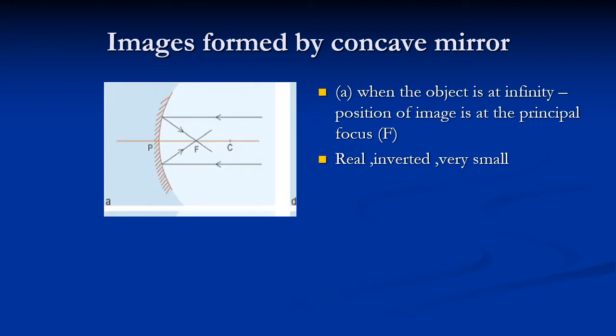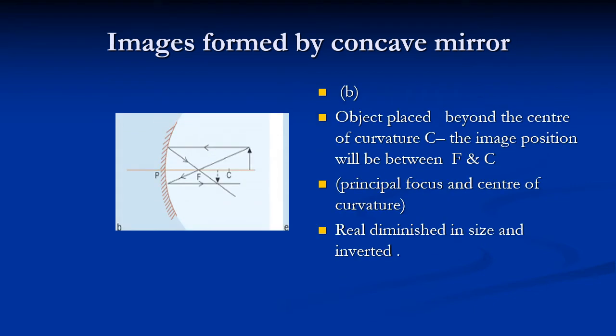When the object is at infinity, as you know, rays coming from far away are parallel to the axis, and after reflection they will come to a point at the principal focus, and here you will get a real, inverted and very small image.